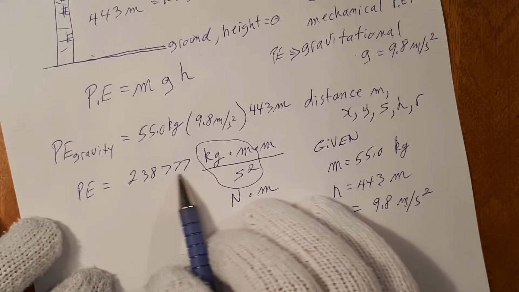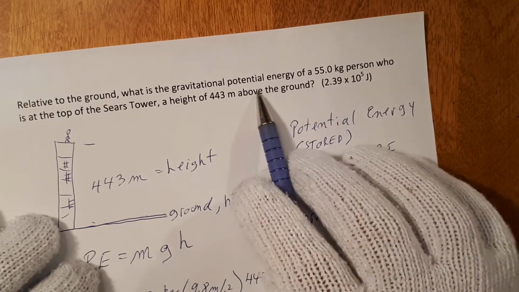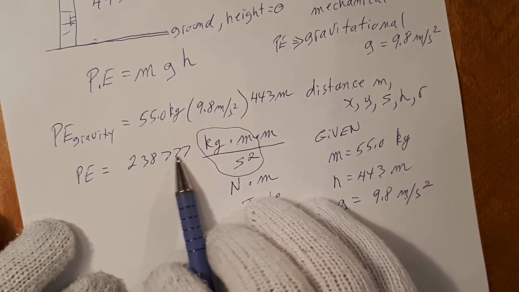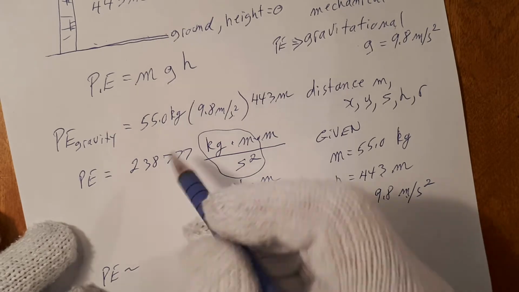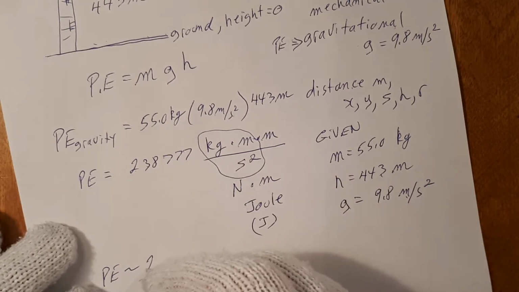Now let's look at the number. And we need to reduce this to significant figures. And we have 3 and 3. These are the two measurements. So we'll reduce this to 3 significant figures. Approximately equal to 1, 2, and 3. We could write this 230.